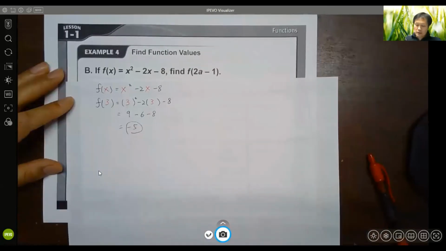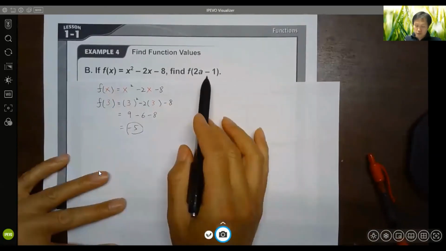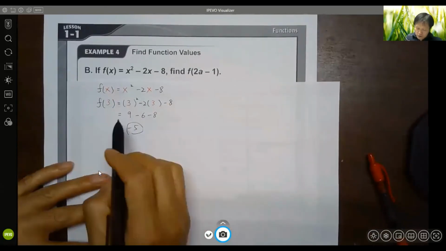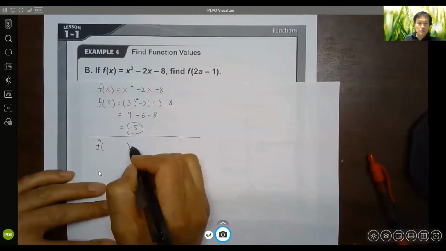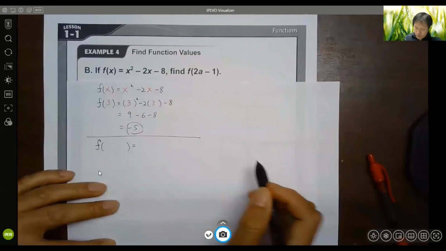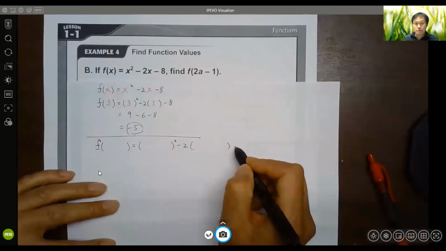This is exactly same style. The same function, find f of 2a minus 1. Same thing. Just the way you did this, f of parenthesis equal to parenthesis square minus 2 parenthesis minus 8.